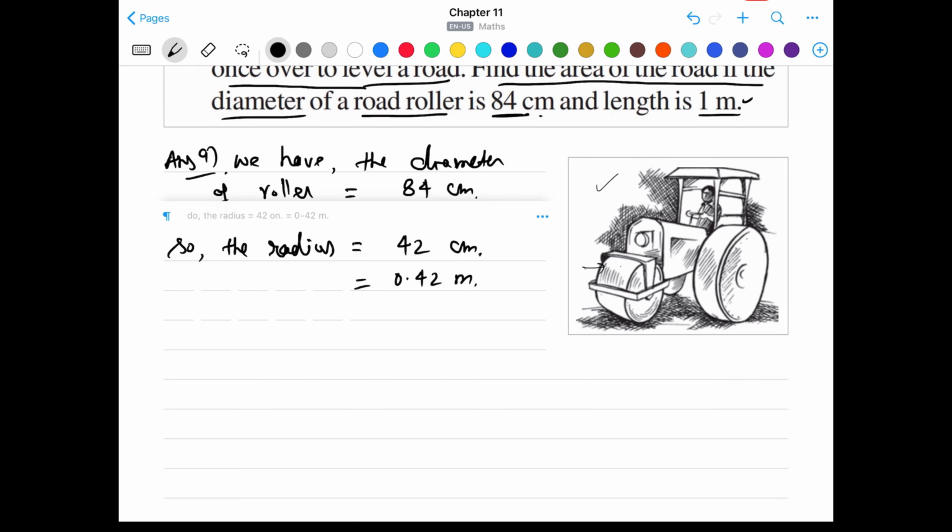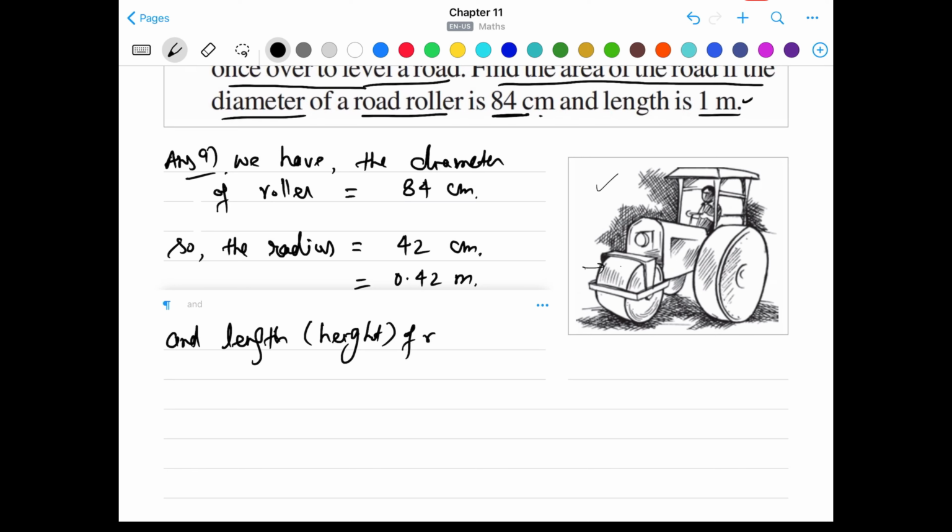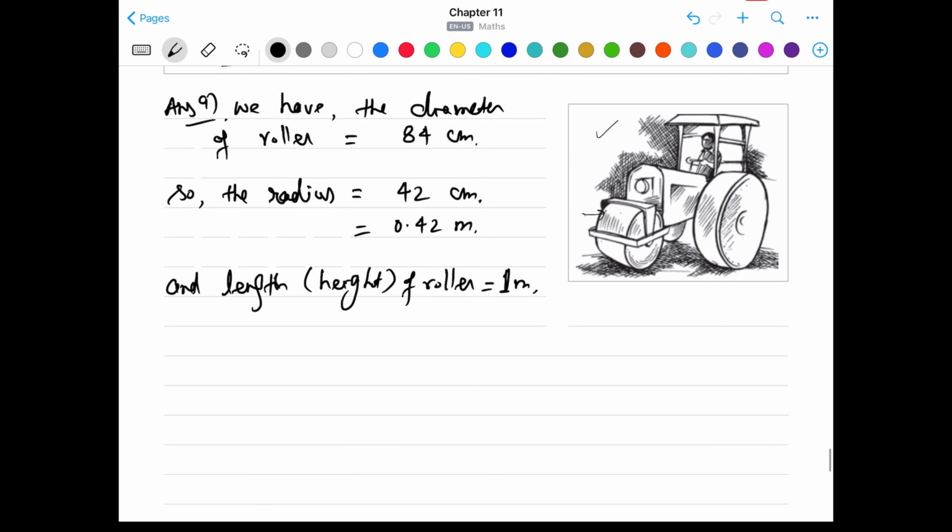And the length, or you can say height, of the roller is equal to 1 meter. These are the information we are given: the radius and the height of the roller. By using these two measurements, we can calculate the curved surface area, or the lateral surface area. So let's find this out.